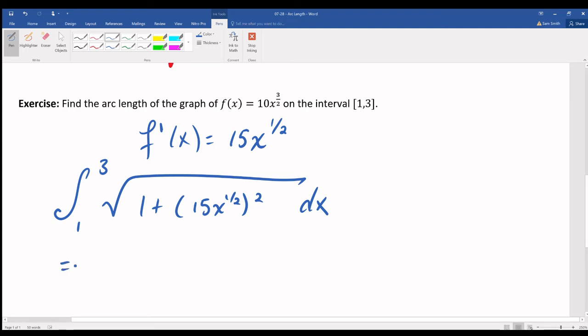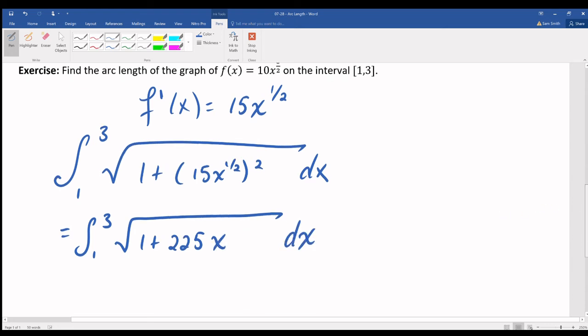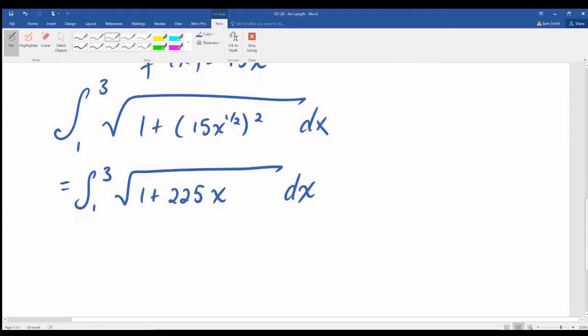Let's see what happens if we work on this square here for a minute. 15 squared is 225, if I recall correctly. x to the 1/2 squared becomes x. So what I have is the square root of this linear function 1 plus 225x.